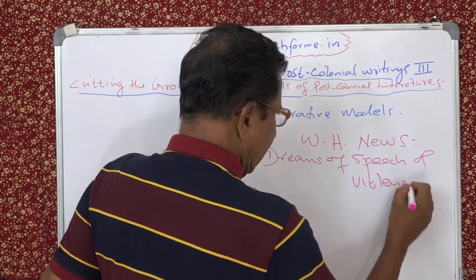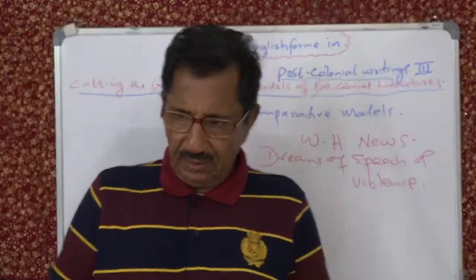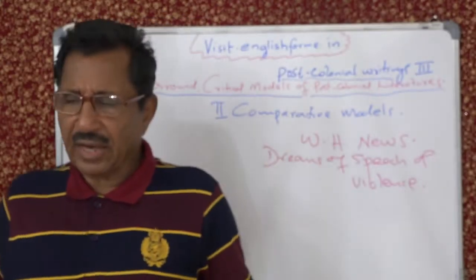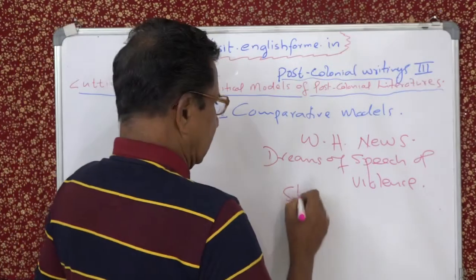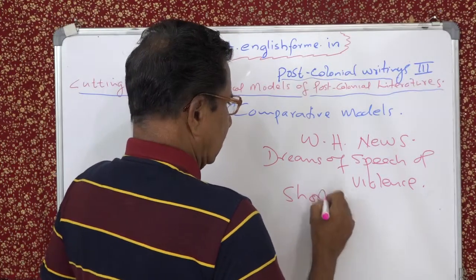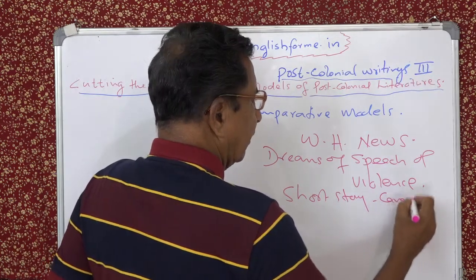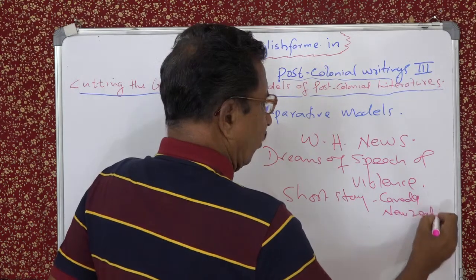So this is the book. Now this studies or compares, you can say, the short story of Canada and New Zealand. A comparison of the short story, Canada and New Zealand.